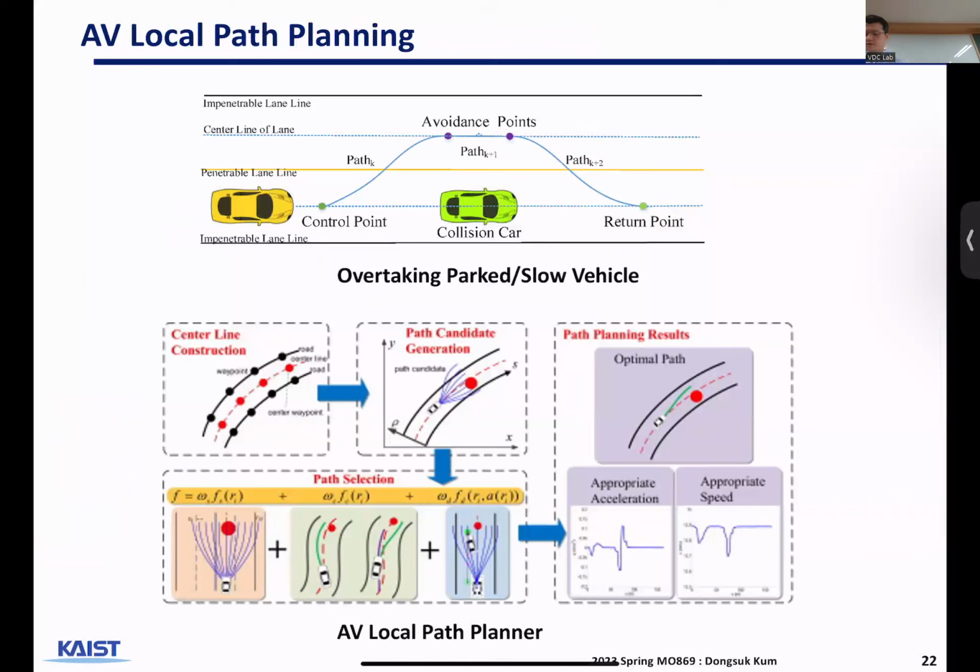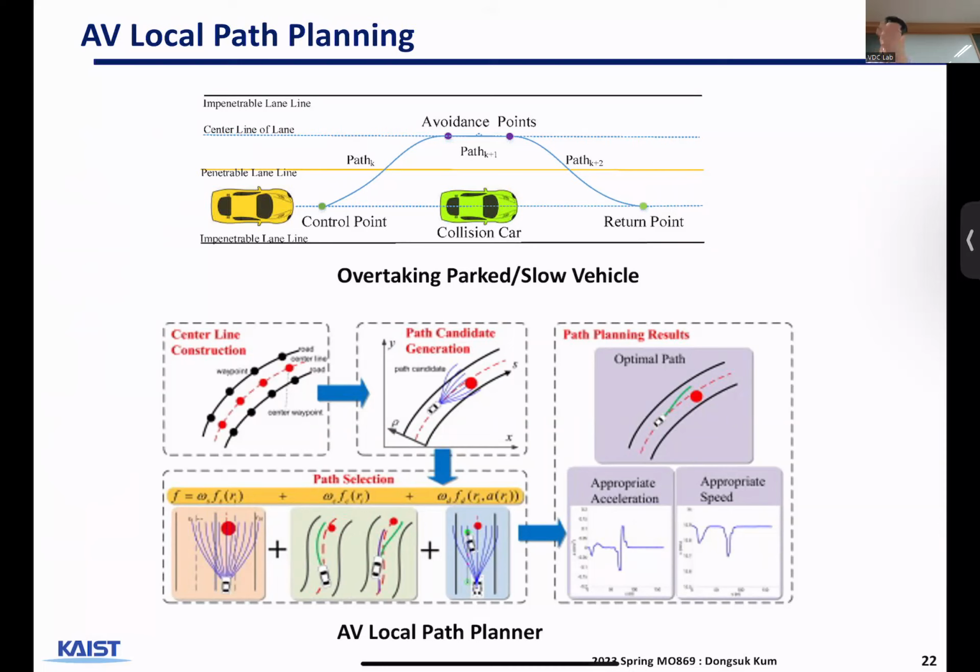This is an example illustration of autonomous vehicle local path planning. When there is a parked vehicle or slow vehicle, then you need to overtake the vehicle by changing lanes. So we have this lane concept in road infrastructure.